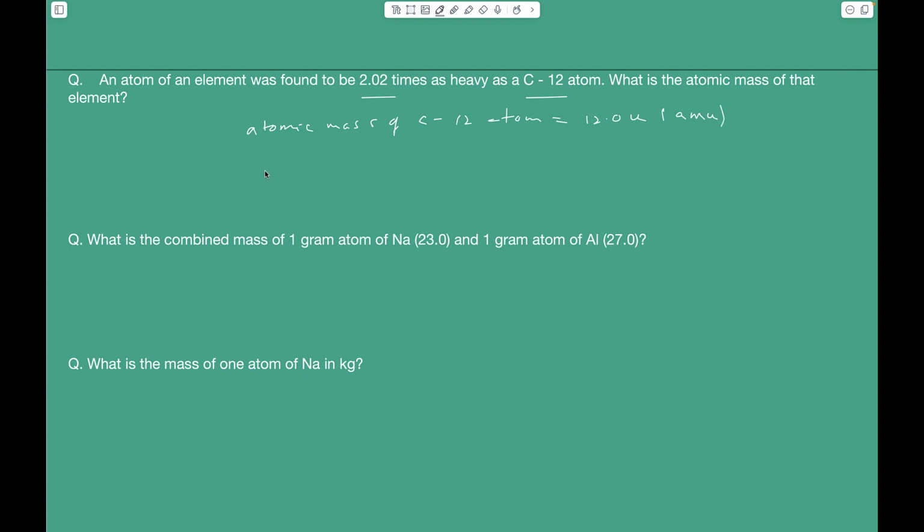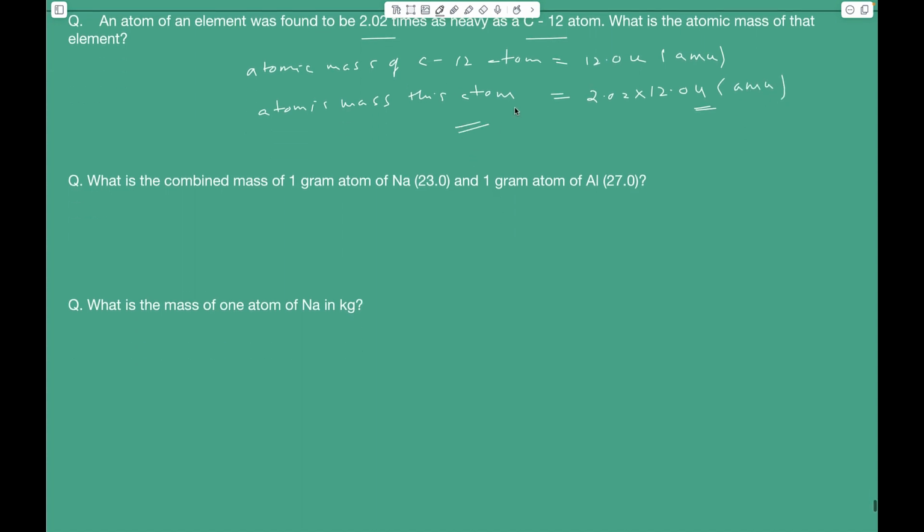So then the atomic mass of some other atom, that is this atom, that is 2.02 times as heavier, this would be 2.02 times 12.0 U. That's it, or AMU. No big deal.